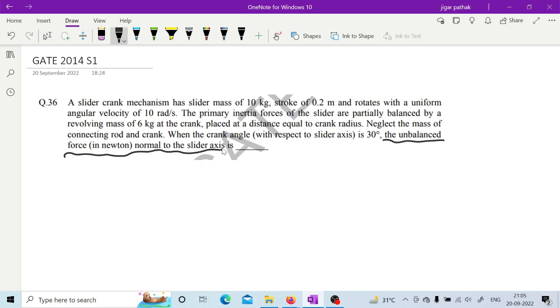Sir, normal to the slider axis, it means vertical direction. Vertical direction? So what we have seen in vertical direction, what is the force? MR omega square sine theta. Yes or no? Yes, sir. So now you can calculate it, right? Then calculate it.